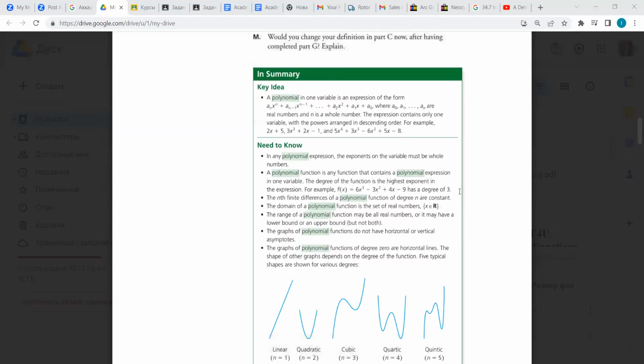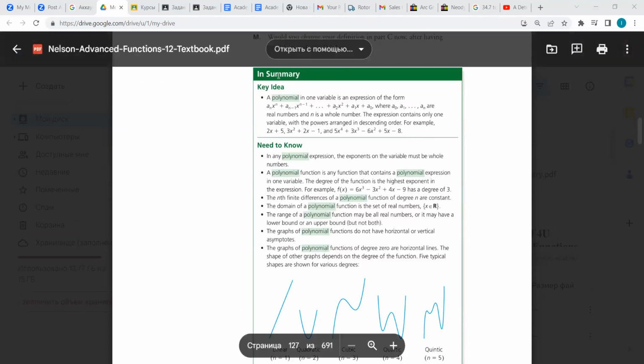We have to understand and identify the general form of a polynomial function, which is expressed as one variable in an expression, and we have the relation f of x equals a_n x^n plus a_(n-1) x^(n-1) plus, and so on, up to a_0, where n and a are real numbers, and n is a whole number.